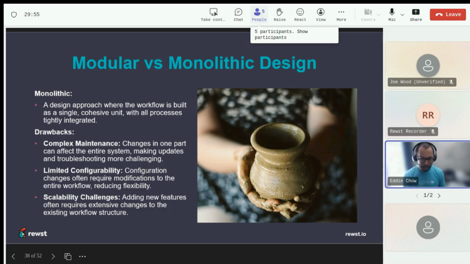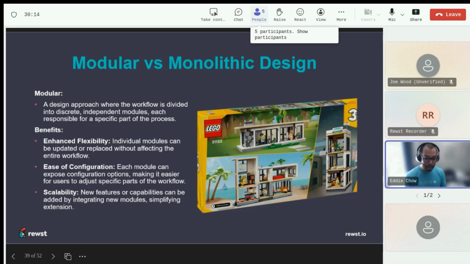So monolithic is fast and it is useful when we're building things very small. But once we start growing with a monolithic design, that's where we run into a lot of the problems. Now we contrast that with modular design.